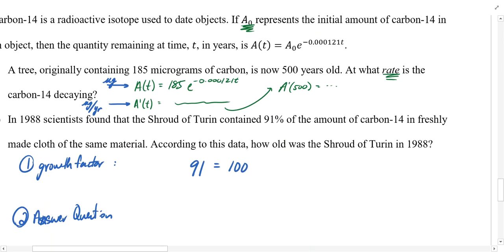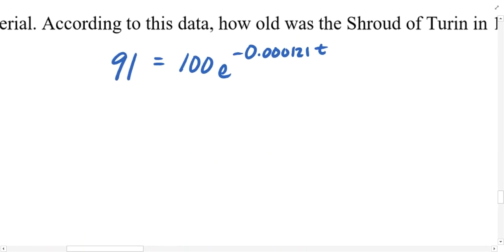So I'm following this rule here. The amount that was left after a certain amount of time is 91%. The amount that it started with is 100%. And we've got e to the negative 0.000121t power. And so all we have to do now is solve for t.